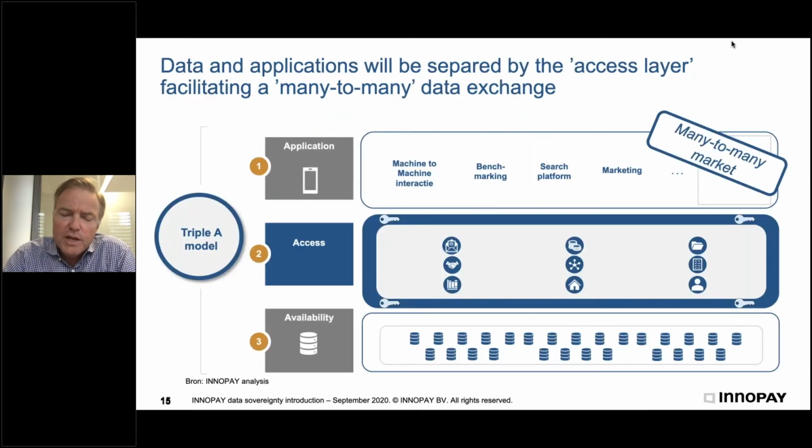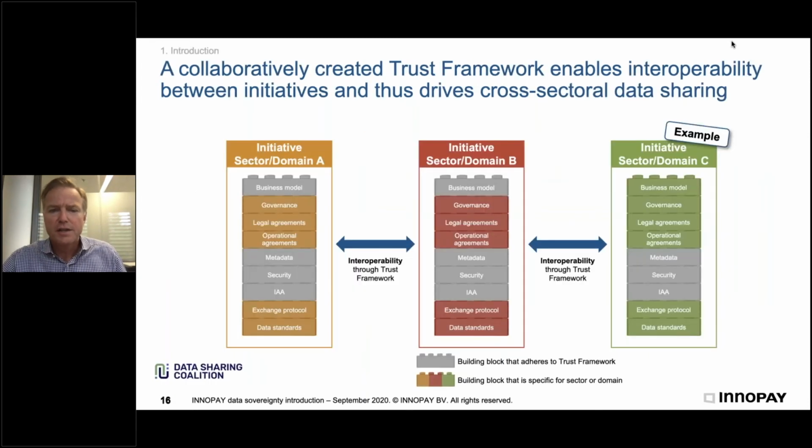So the way we look at this matter is that there is a need for an access domain, a kind of exchange domain, infrastructure domain, and that domain is built out of nine building blocks, which is a set of topics which every data sharing initiative and even also platforms use and implement today.